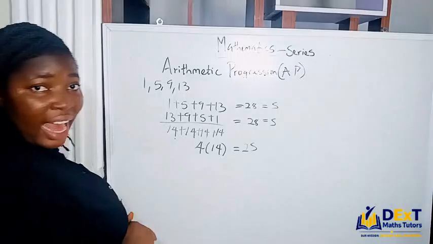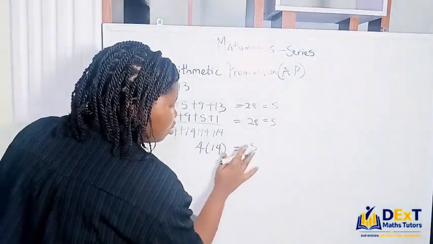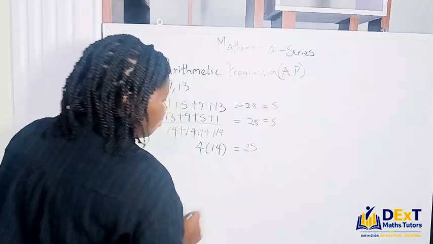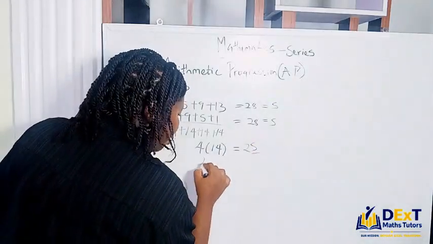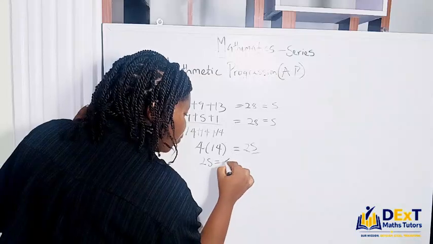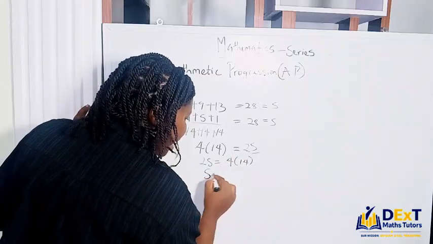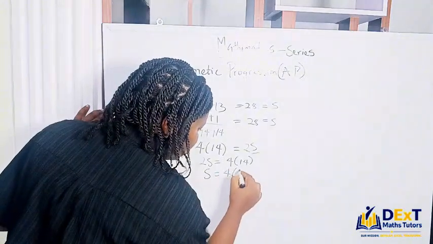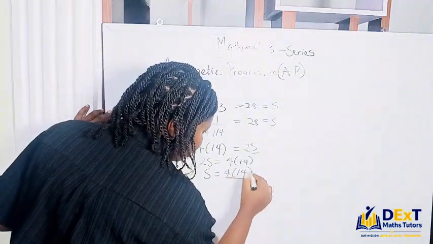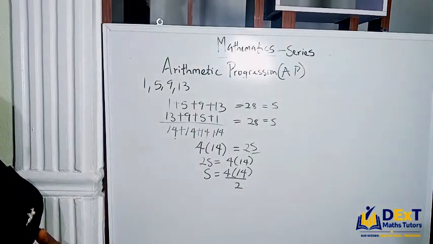If we want to make S the subject of the formula, we can say 2S equals 4 14ths. You know how we got this, right? Then S equals 4 into 14, over 2. I hope you understand how we got it up to this level.